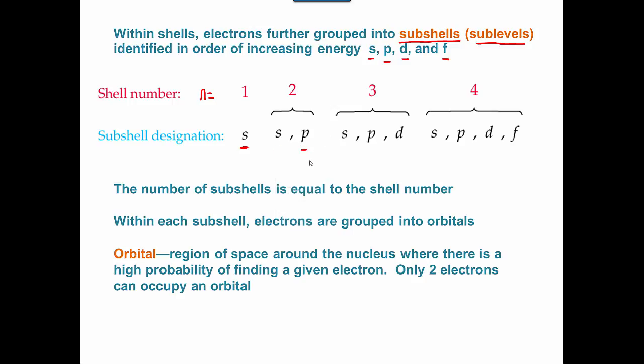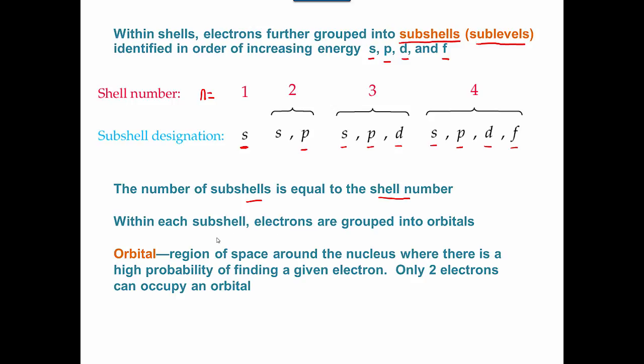Notice that the shell number tells us how many subshells are within that shell. N equal to 3, we have an S, a P, and a D subshell. And for n equal to 4, we have an S, a P, a D, and an F subshell. So again, the number of subshells is equal to the shell number, or the principal energy level, n.